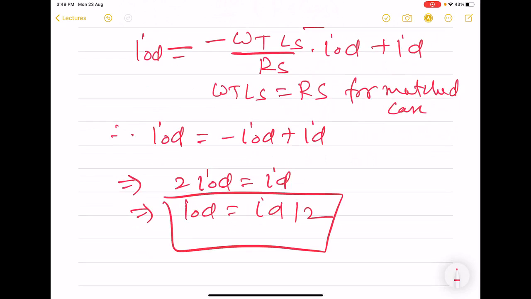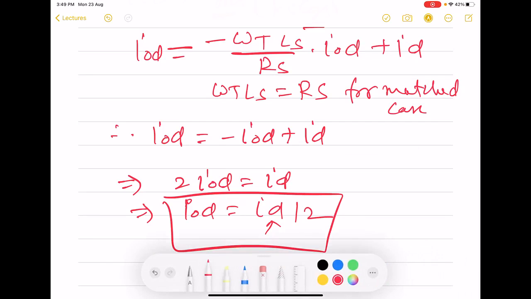So this says that only half of the drain current actually flows outward. And for the common gate also, we saw that not the entire ID flows to the outside of the circuit. Actually, some of the ID part circulates inside the MOS.